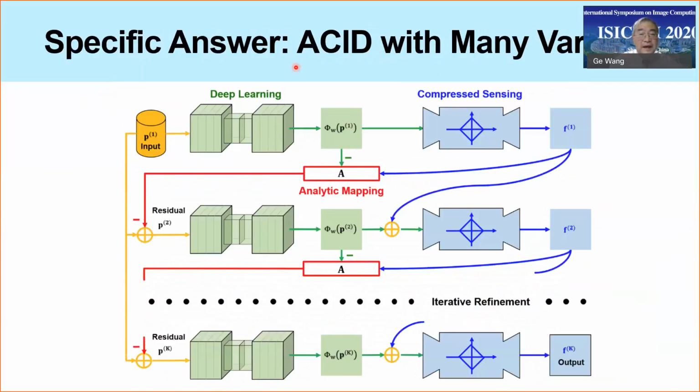A means analytic, C means compressed sensing, I means iterative, and D means deep learning. This is our first embodiment. You have deep learning get an initial guess, you have compressed sensing to acquire a certain level of kernel awareness, and you check the residue via analytic mapping. You do so iteratively, then you get very good performance.